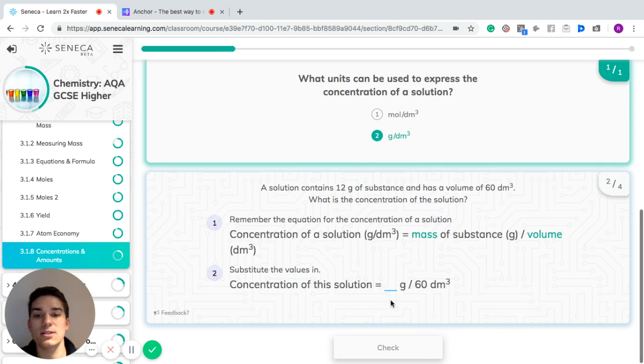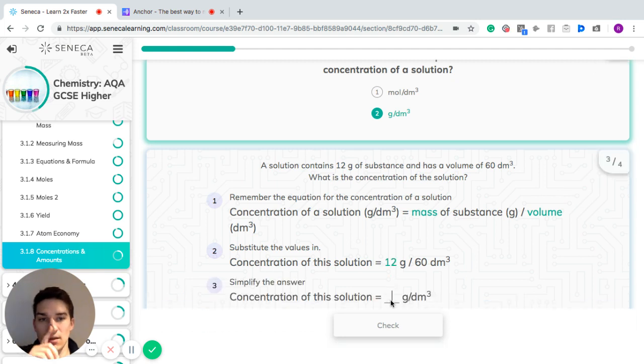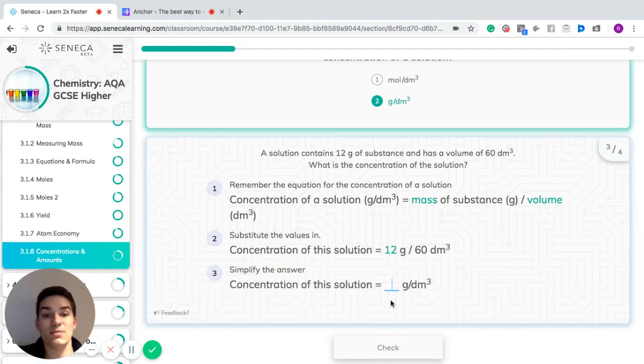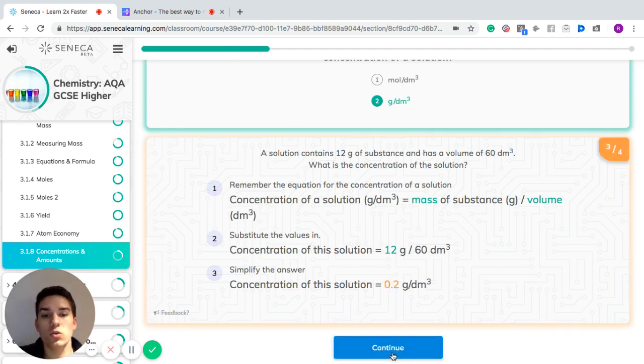Substituting in those values, the mass was 12 grams and the volume was 60 decimeters cubed. So 12 grams divided by 60 decimeters cubed equals 0.2 grams per dm cubed.